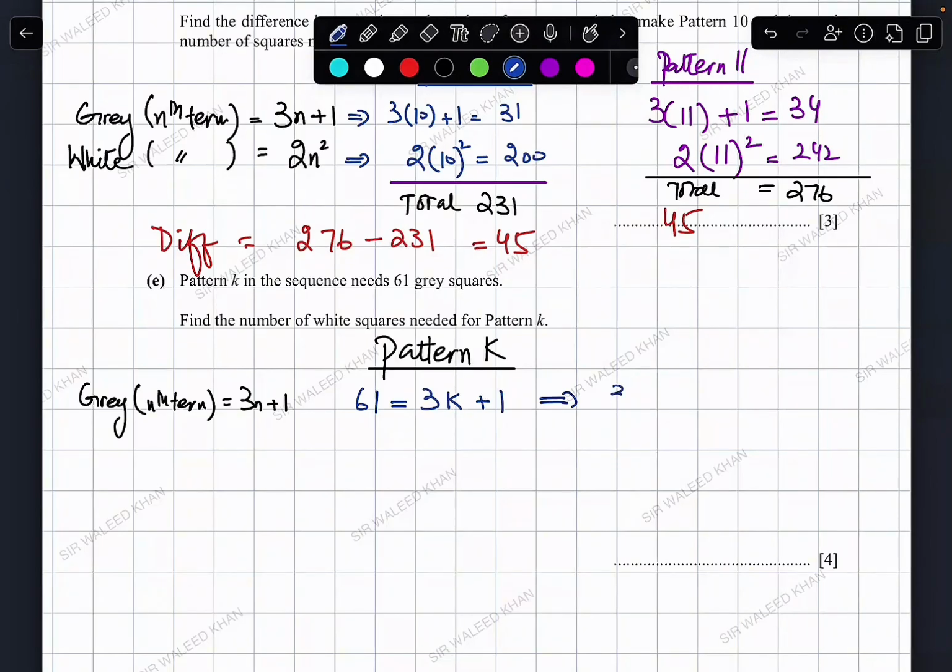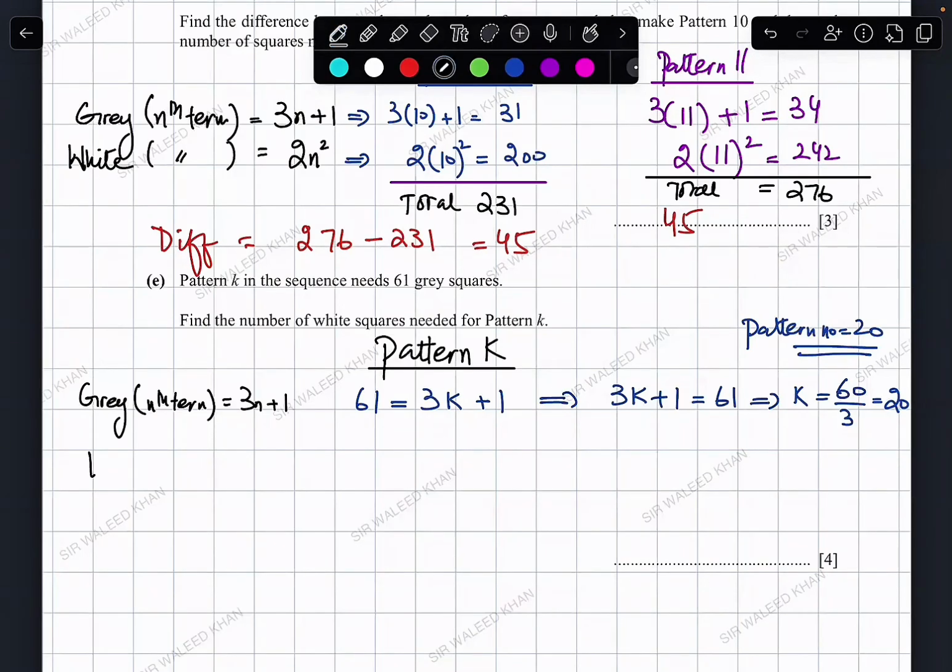So 3k plus 1 is equal to 61, and k is equal to 60 over 3, that is 20. That means they are talking about pattern number 20. The value of k is 20.